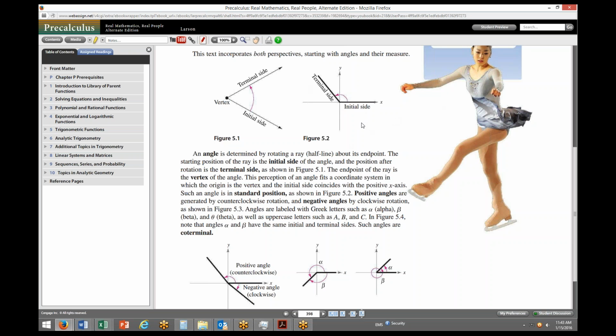Now, because the conception is of having an initial side and then moving around, so to speak, to the terminal side, this allows for some interesting possibilities. For instance, we could start with the initial side of this very angle and swing around a little bit more than 90 degrees, obviously not 180 degrees, but more than 90, and arrive at the terminal side.